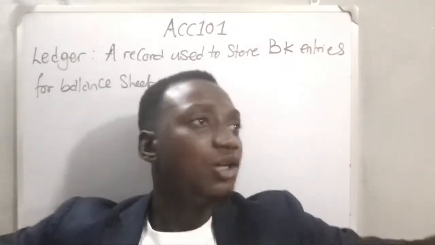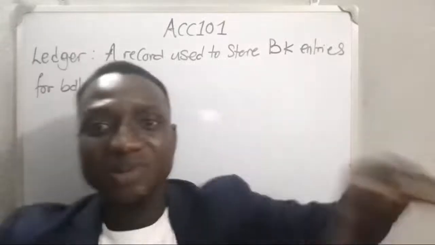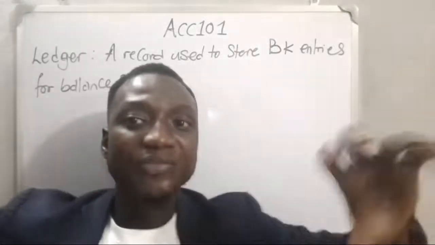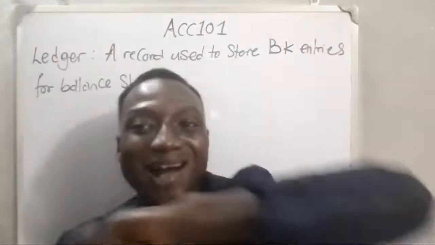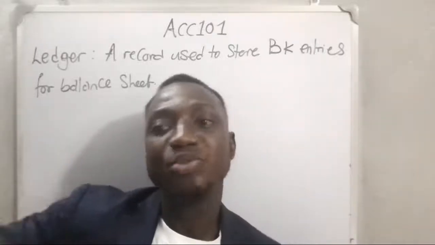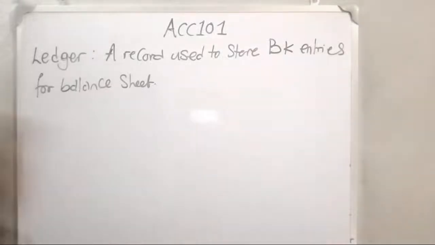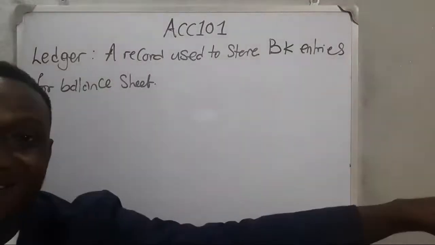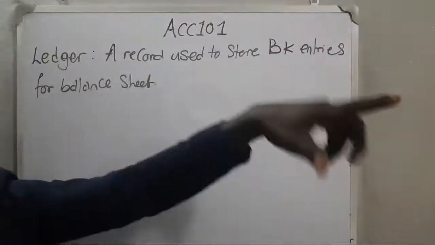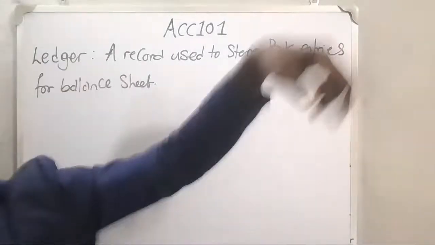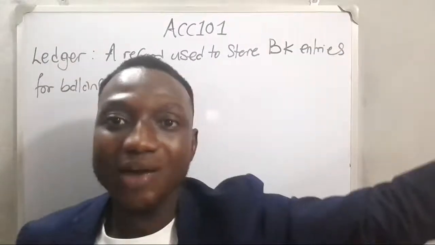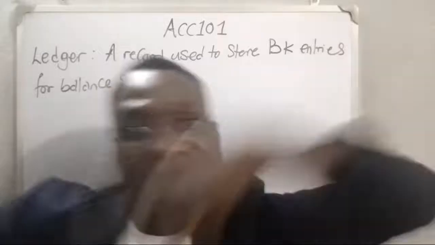As soon as all that information is extracted, you bring the information from either the single column cash book, the double column cash book, or the 3-column cash book to the ledger. Because for every corresponding debit entry, there must be a corresponding credit entry. It is two sides, garbage in, garbage out.